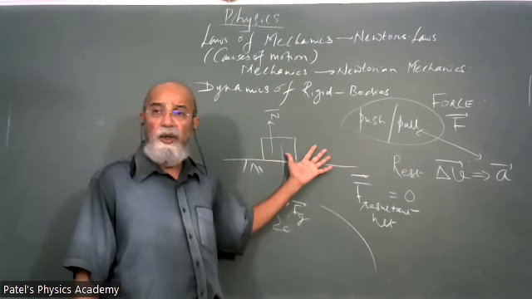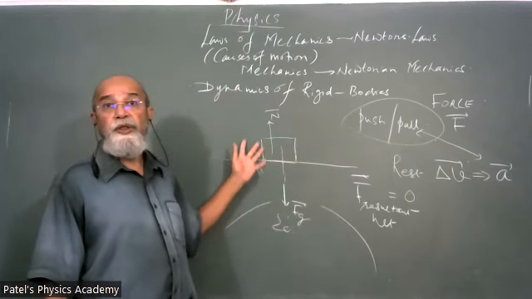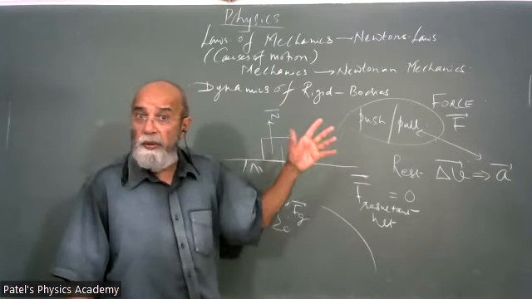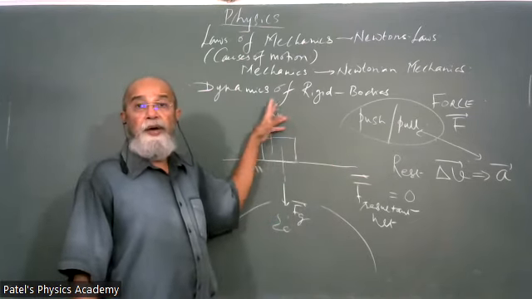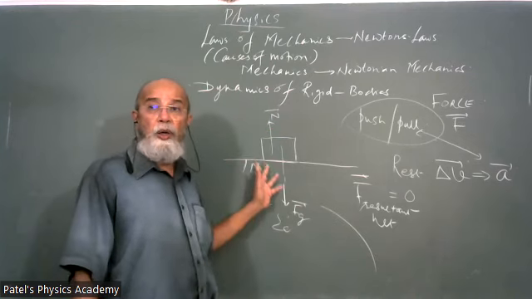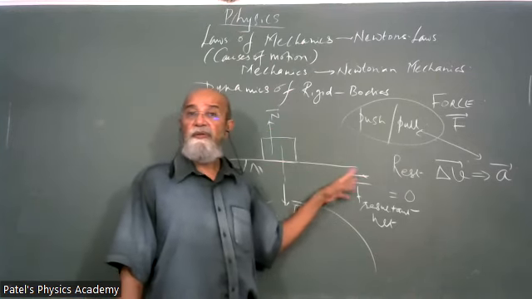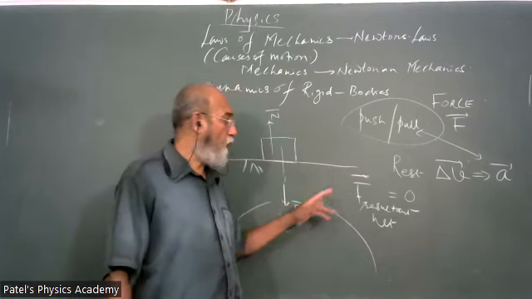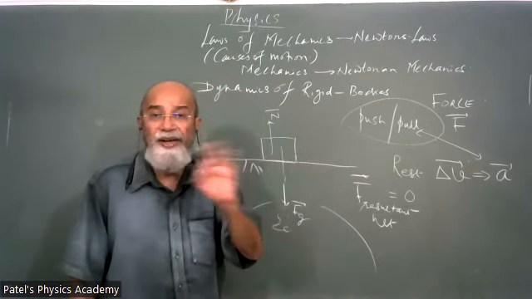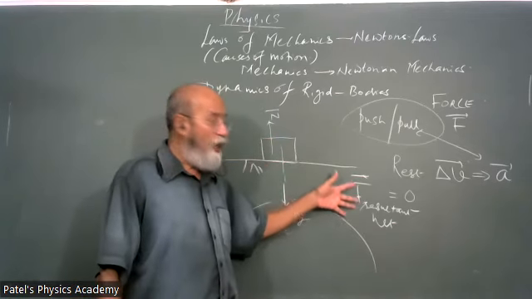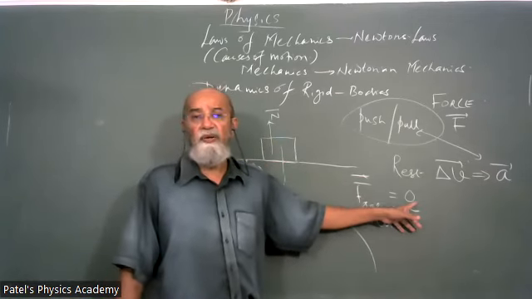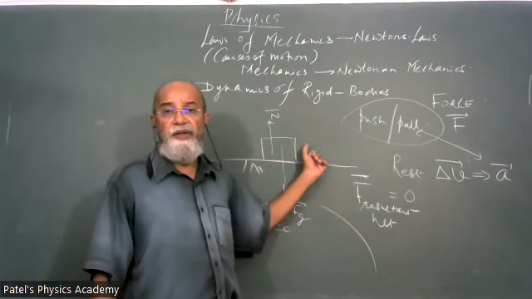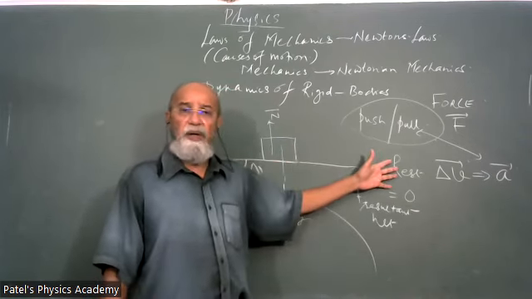What does that mean? So many forces were there, including the wind force, maybe. The resultant means the sum of all these forces. When I added it vectorially, using an algebra called vector algebra, I found that the resultant was coming out 0. To start with, this body was at rest. It continues to be at rest.